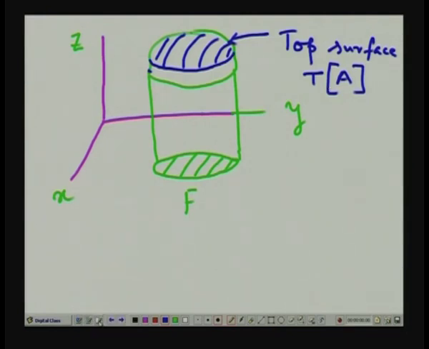Now, we define the umbra. Given a region of support, say F, which is a subset of n minus 1 dimensional Euclidean space. One more thing here: this top surface is something like a mapping function.